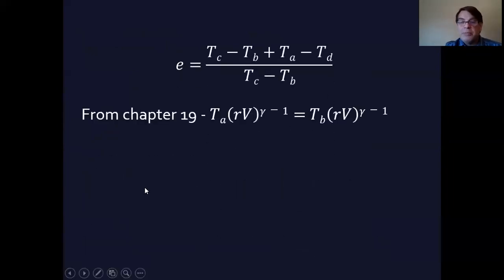Now, you'll remember from chapter 19 that T V to the gamma minus 1 is proportional to T V to the gamma minus 1 at a different spot. This was for ideal gases and adiabatic processes.